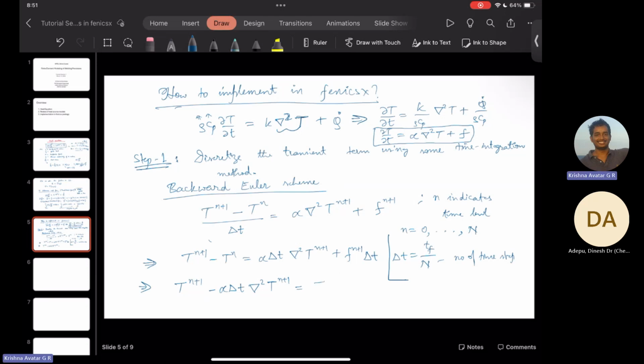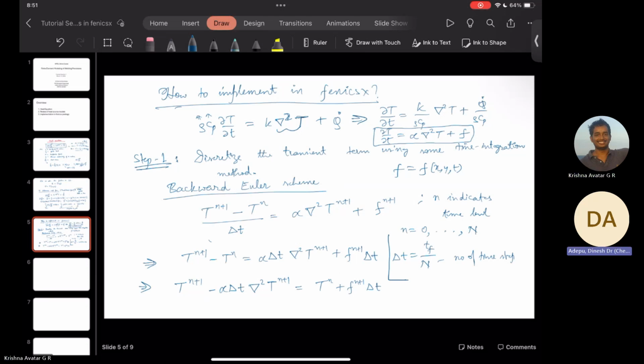T n, and f should also be known. We know the f value. Here we assume that we are solving a linear problem, so f can at best be a function of x, y and t. It would not be a function of temperature, otherwise it becomes a nonlinear problem.